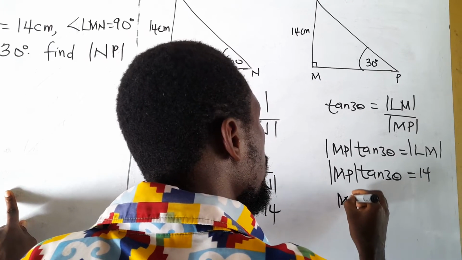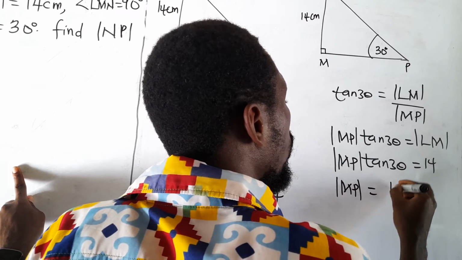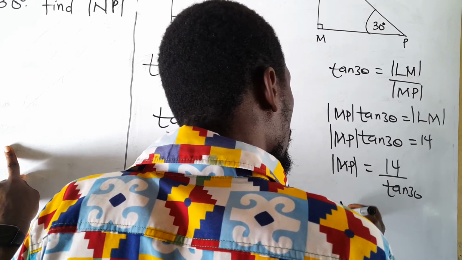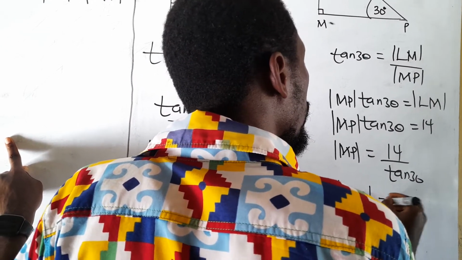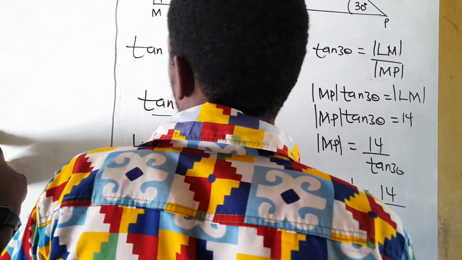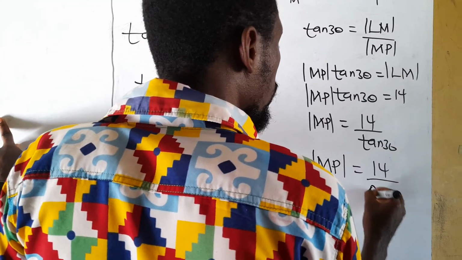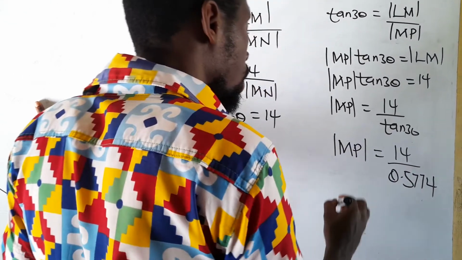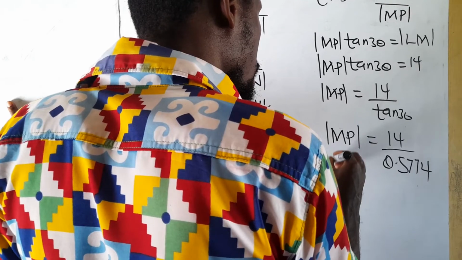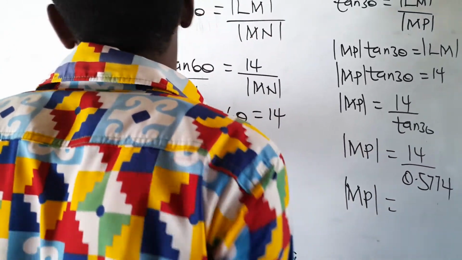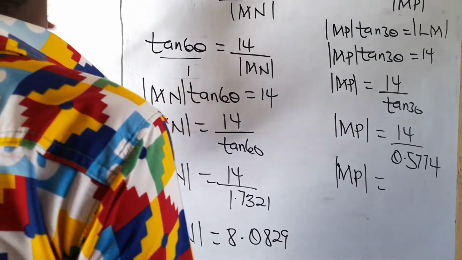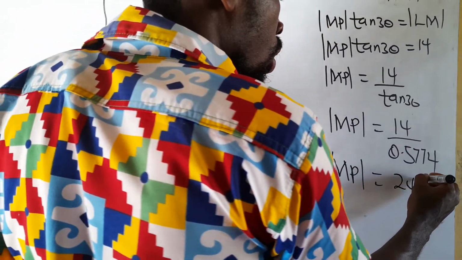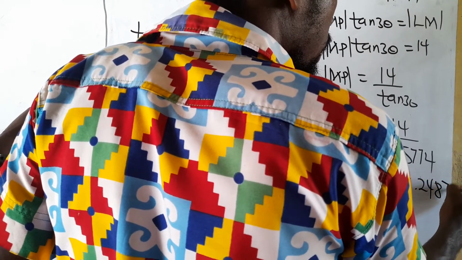So NP will be equal to 14 over tan 30. Our NP will be equal to 14 over 0.5774. So the NP will be equal to 14 divided by 0.5774, which will be 24.2487.